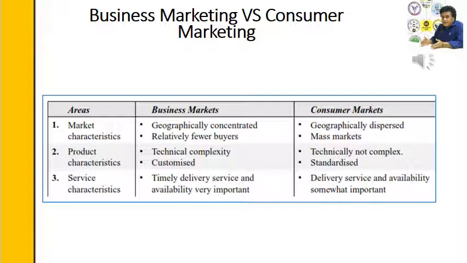If you take the service characteristics, business markets place extraordinarily high emphasis on timely delivery, and service and availability are important criteria, whereas in case of consumer markets, delivery, service and availability are somewhat important, but not as important as in the case of business markets.